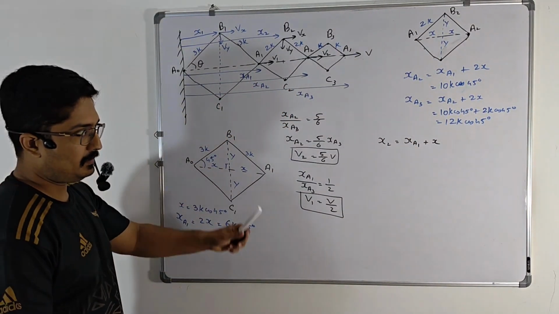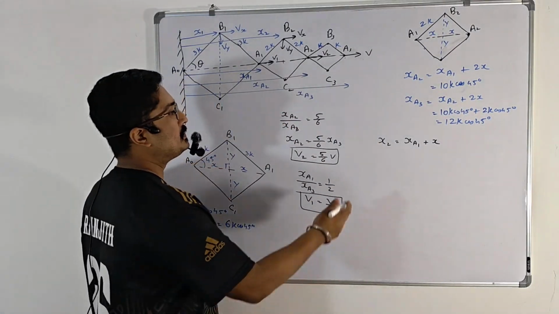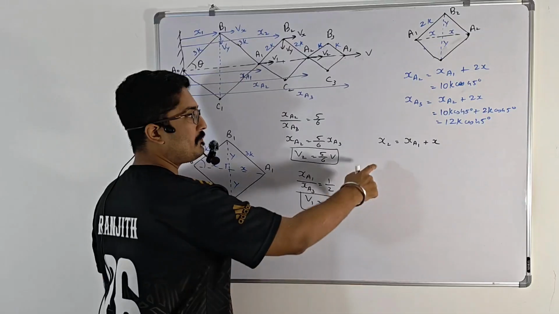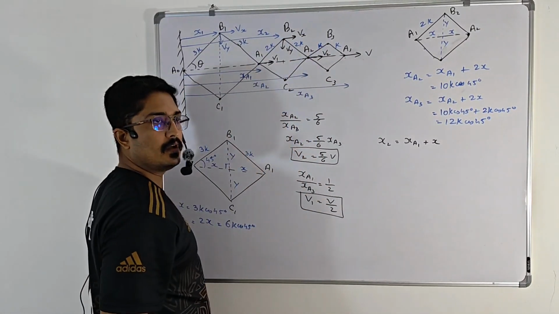Now I can differentiate this. If I differentiate this, there is one problem. X2 is nothing but the position of B2, so the differentiation of X2 will give me the X component velocity of B2.